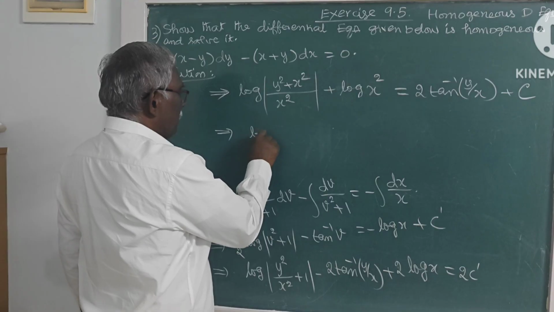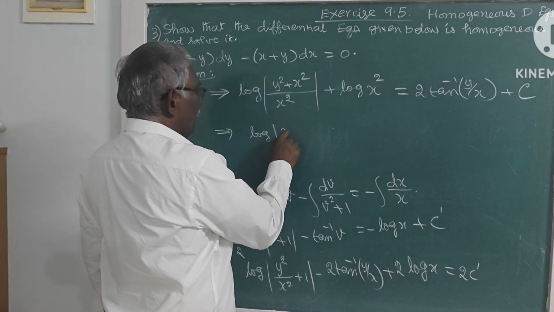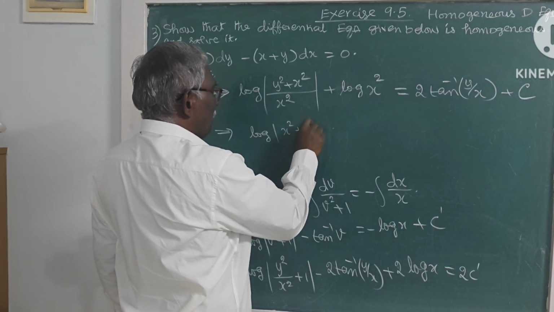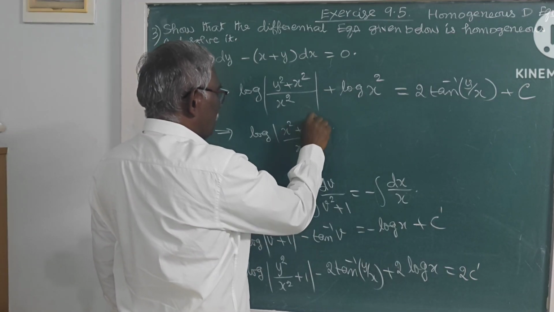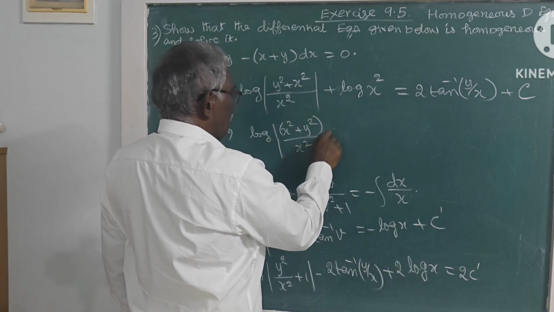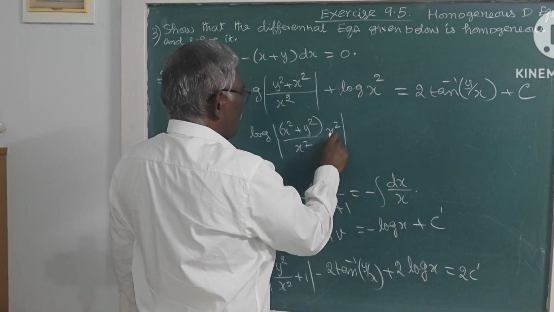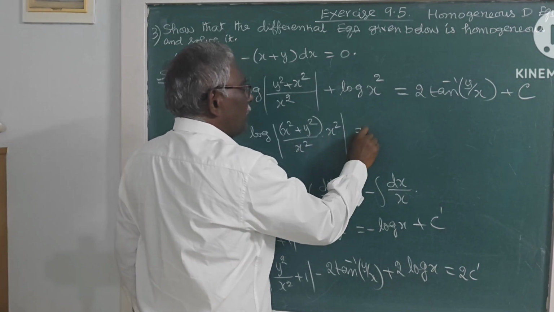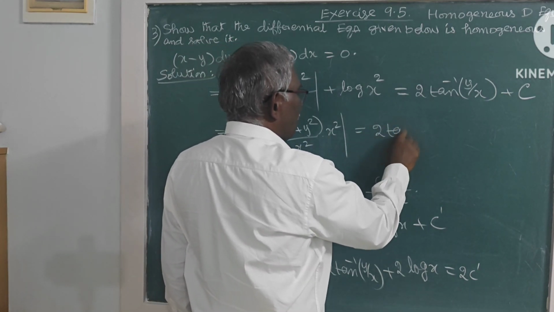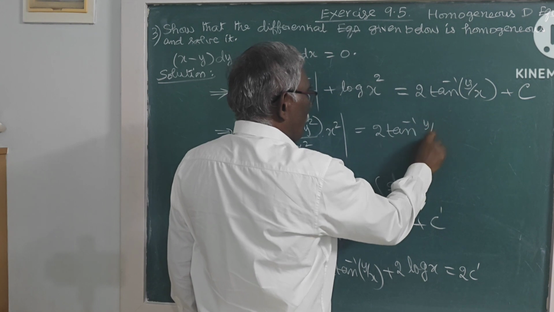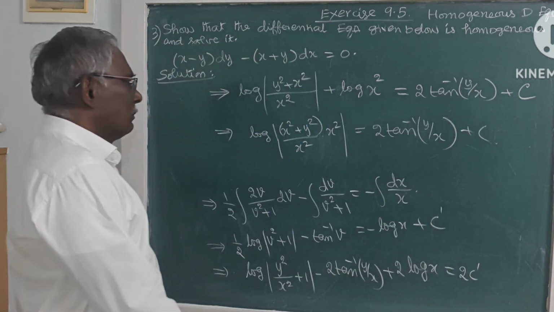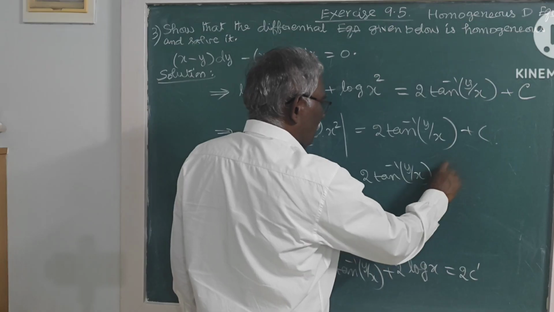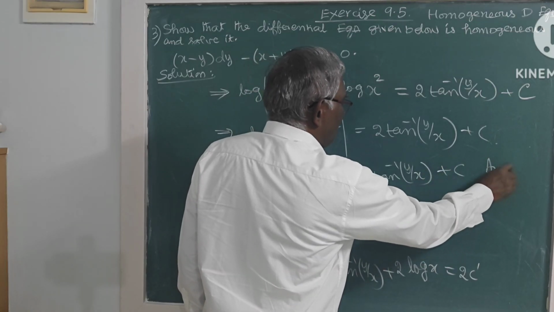So this will become log of x square plus y square by x square into x square. So this gets cancelled, is equal to 2 tan inverse y by x plus constant. So this is the answer.